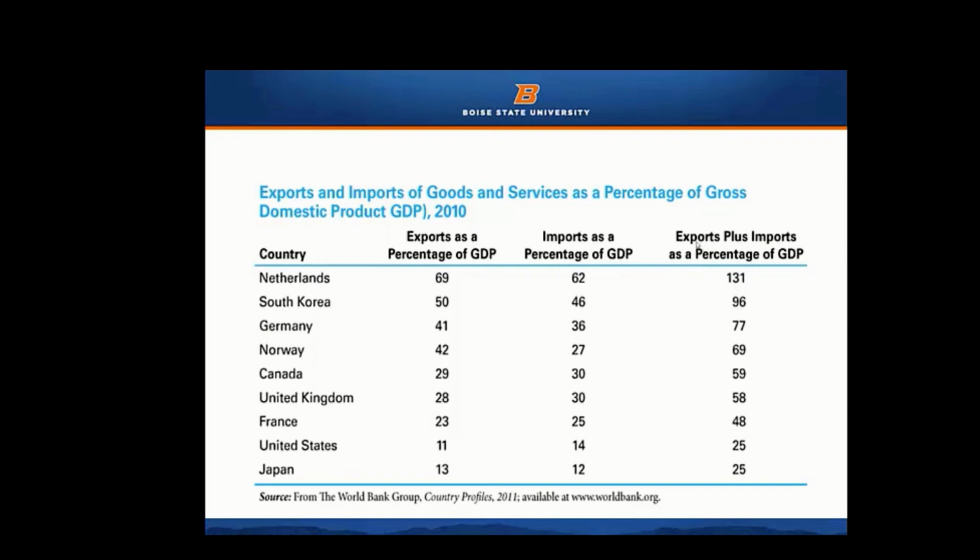So if your exports are large and your imports are large, they can be larger than GDP because you're adding the two, not calculating net exports as we do when we calculate GDP. So the Netherlands is at 131%, and it goes down; the United States and Japan are down at 25%.